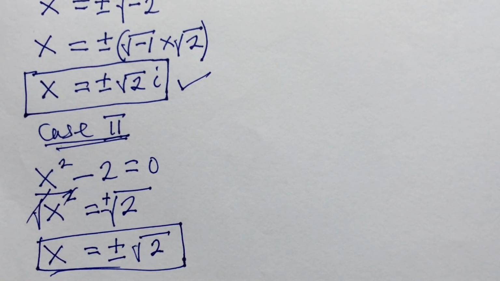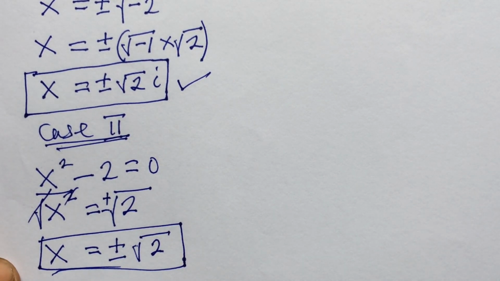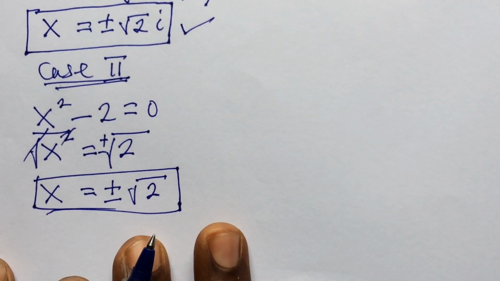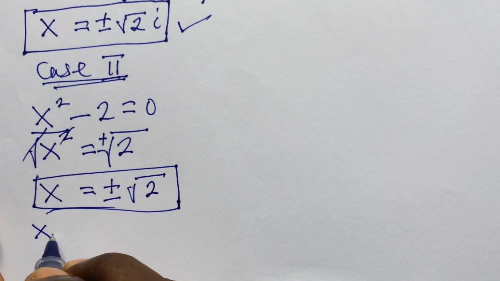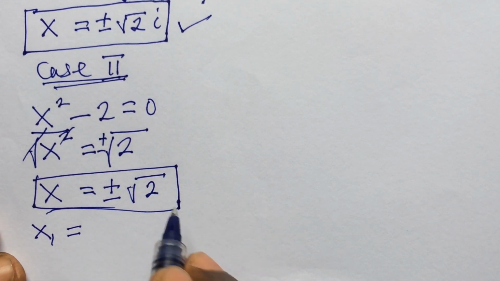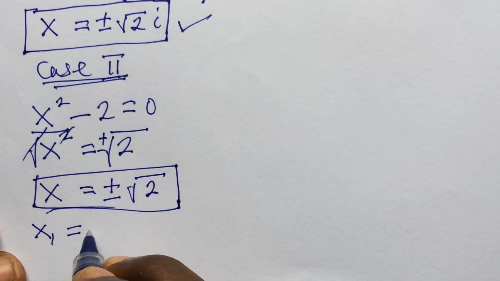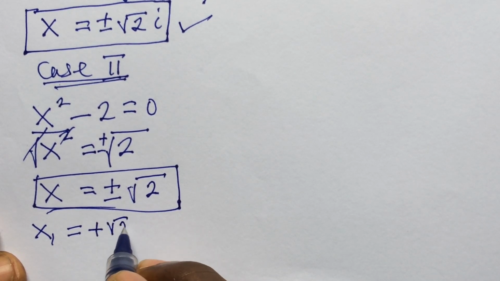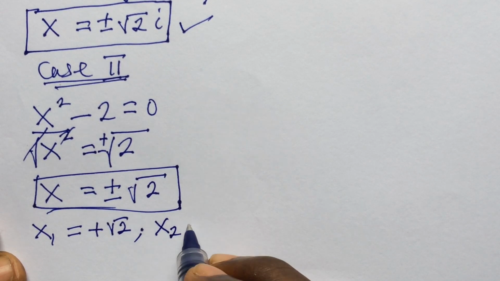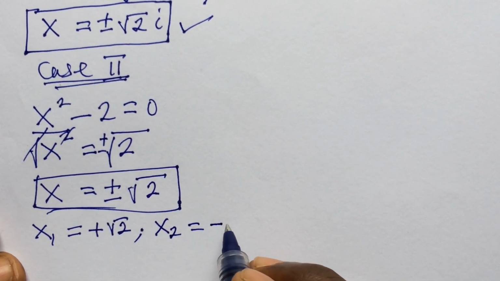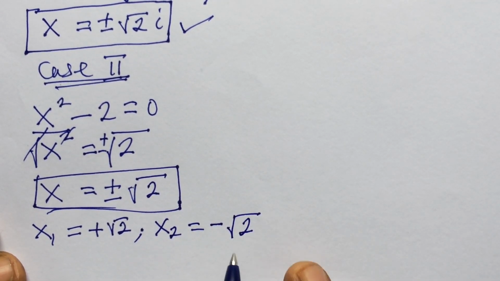So we now have our 4 roots. So the 4 roots to our expression can now be written out. x1 is equal to, let's take the real root first, plus root 2, comma, x2 is equal to minus root 2.